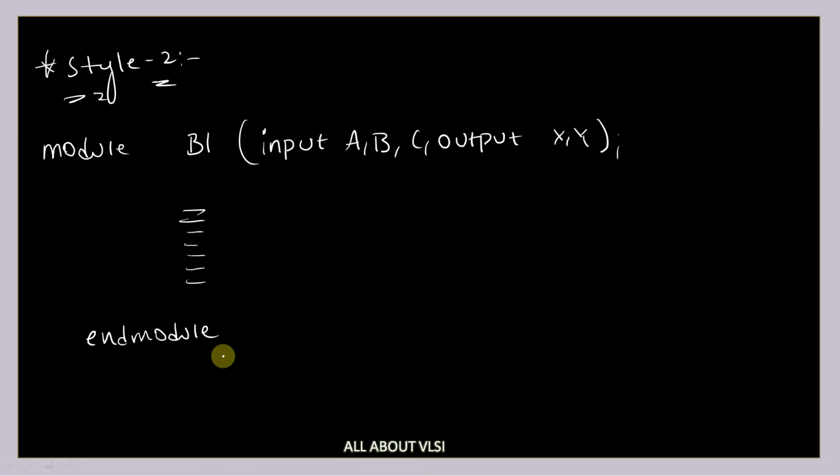And there is no semicolon here. Okay, be careful. Here we have the semicolon. Okay, and there should be no semicolons inside our brackets. So this is how we are going to follow the two styles for declaring our ports for the modules.